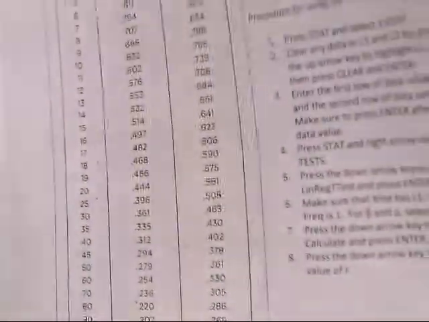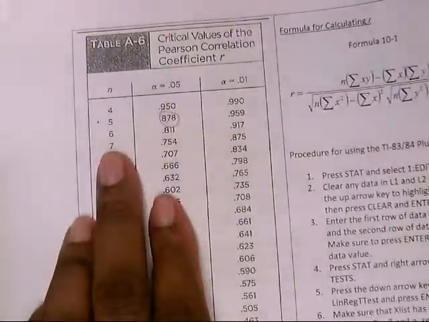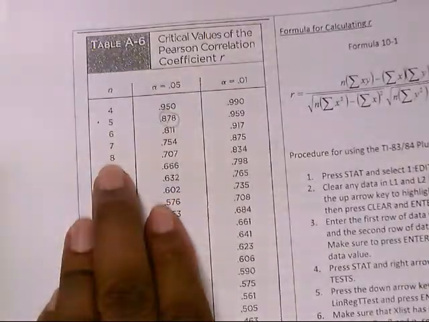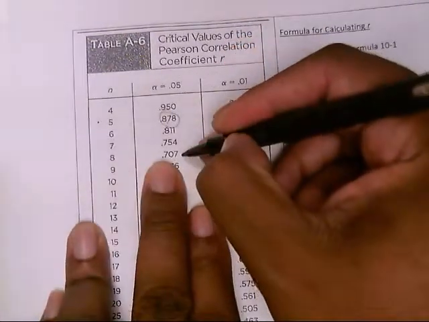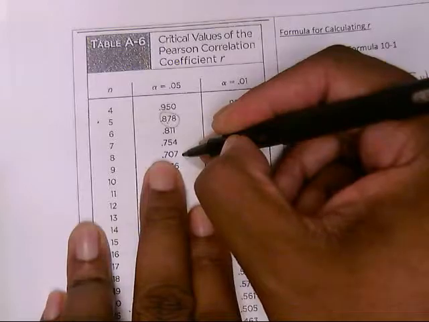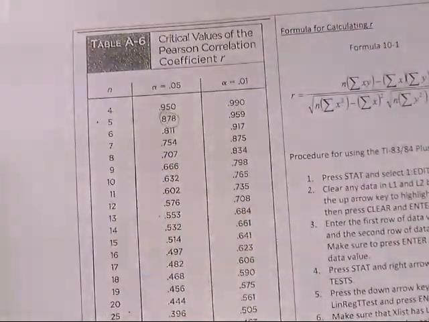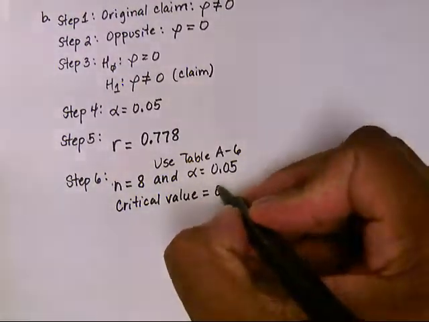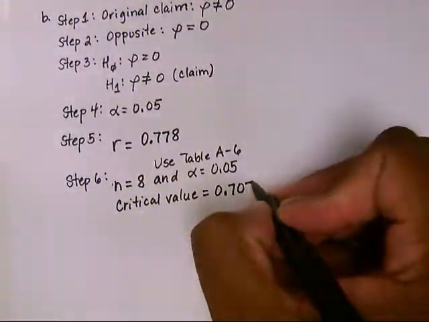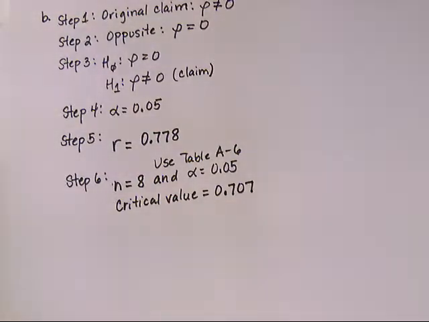And that's going to be this table right here. So here we got 8 paired data values. The alpha level is 0.05. So that'll be 0.707. So that's your critical value, 0.707.